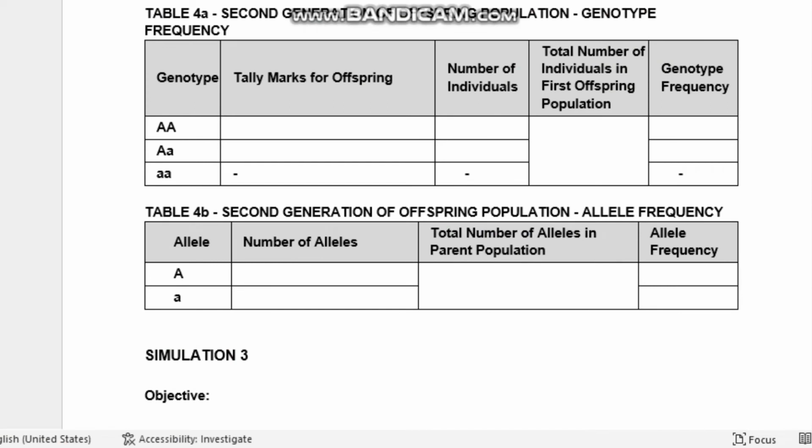Okay, so for the second generation, we have already done the simulation, and for the genotype capital AA, we get 13. For the heterozygous genotype, capital A and small letter a, we get 47.